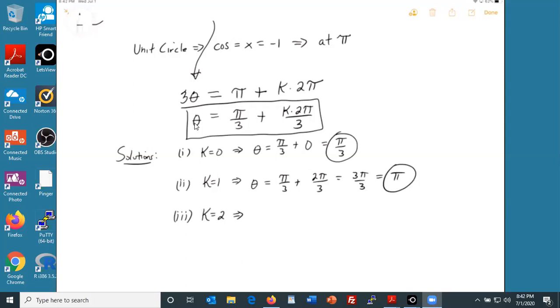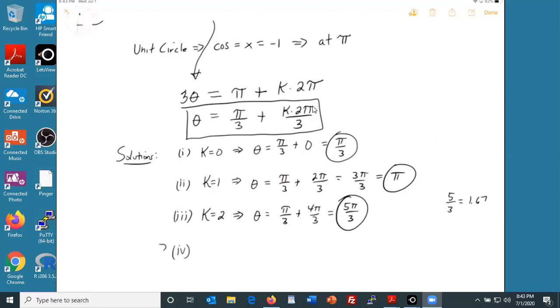If we plug in 2 now, we get pi over 3 plus 2 times 2 pi, so that would give us 4 pi over 3, which is 5 pi over 3. Now what's 5/3? 5/3 is 1.67. Well, that's between 0 and 2, so this is a solution. Remember, the fractional value without the pi must be between 0 and 2.